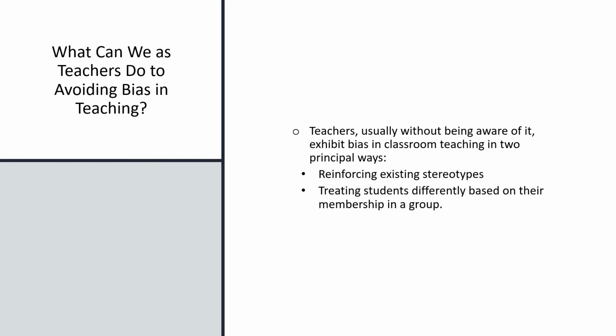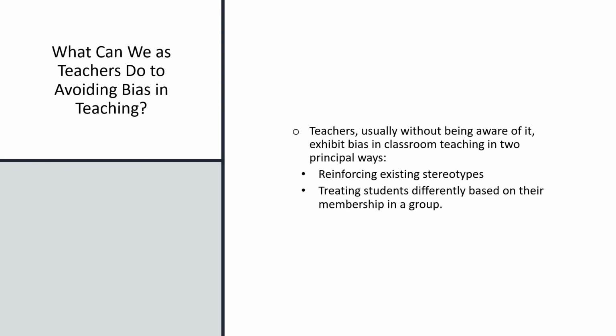As you can imagine, implicit biases are harmful to our teaching. We all have them, by the way. It doesn't necessarily mean that you're prejudiced. It just means you have certain beliefs that you may not even be aware of. In this module, you're going to do a little more work to discover what your implicit bias may be.